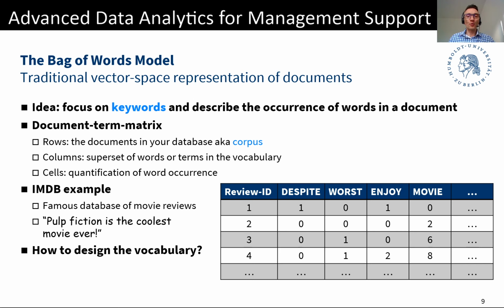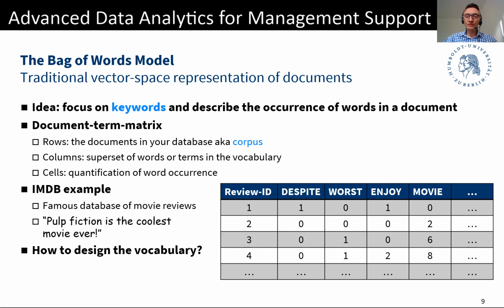What are the set of words that are used in all the documents in the corpus? That's the superset, and we call that our vocabulary. It's a joint set of all words. And every word in this set contributes one column to our table. So you see the columns titled here despite and worst and joy and movie, and it would go on with many more columns, one for every word that was ever used in one of these reviews.